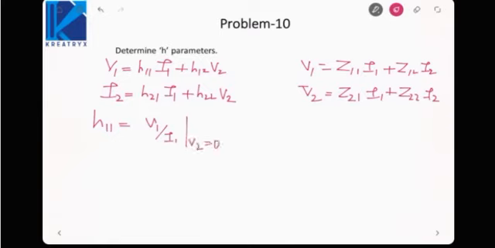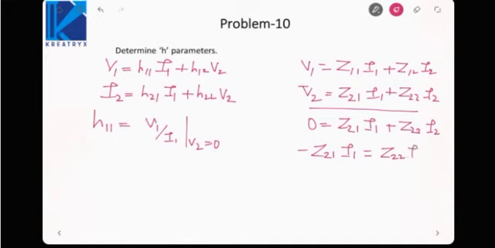Now first we have to calculate H11, which is equal to V1 by I1 when V2 is 0. If you equate V2 to 0 in this equation, 0 is equal to Z21 I1 plus Z22 I2. That is minus Z21 I1 equal to Z22 I2. If we substitute I2 in terms of I1 in the first equation, V1 will be equal to Z11 minus Z21 by Z22 into Z12 I1.